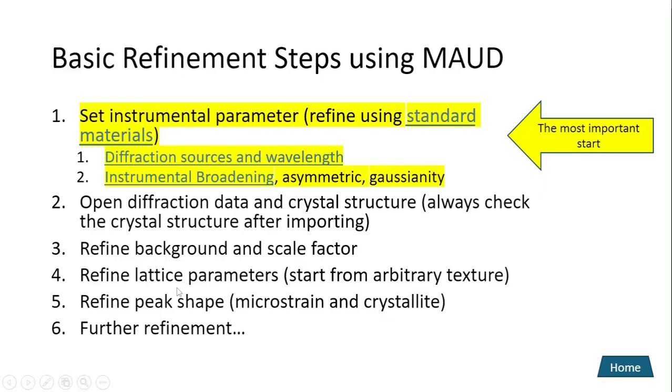To do the lattice parameter refinement, I have a little shortcut to make it fast, and then you can refine the peak shape, and you can play with step number 4 or 5 a couple of times to obtain the best parameters. Okay, we are going to the Maud work now. I will switch to Maud.